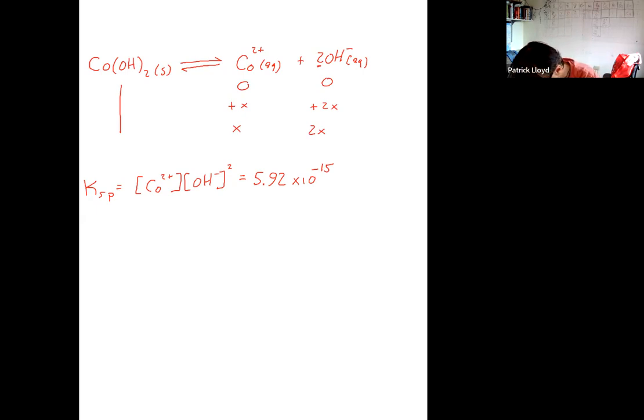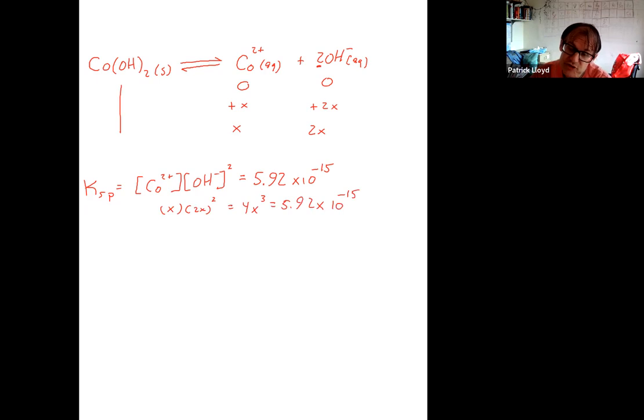So we can substitute that right in here as x times 2x, and then that's got to be squared, right? Remember the 2 shows up twice. Well, that's 4x cubed, and that's going to be equal to 5.92 times 10 to the negative 15.